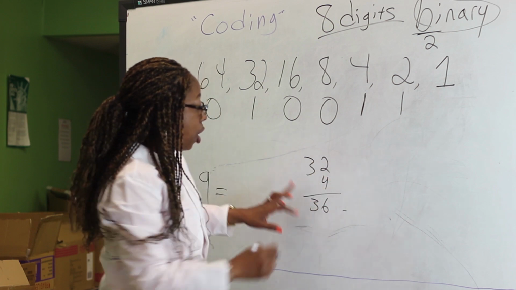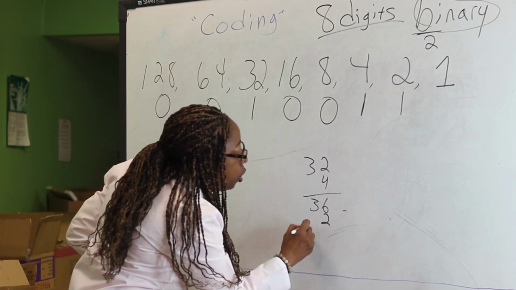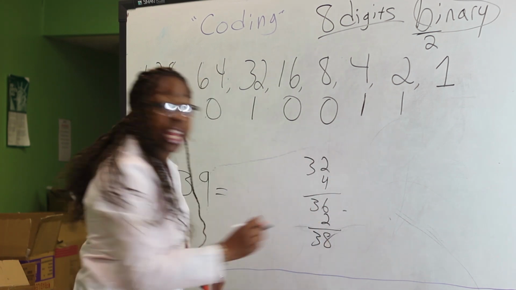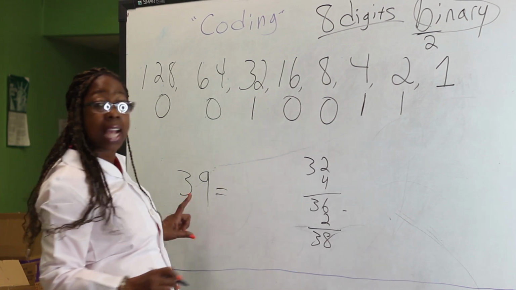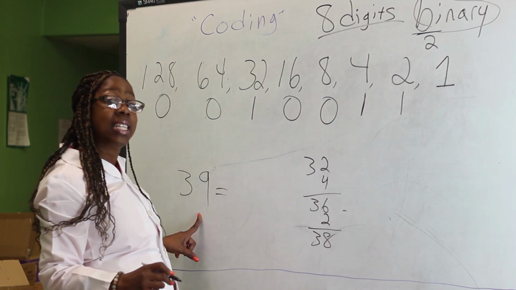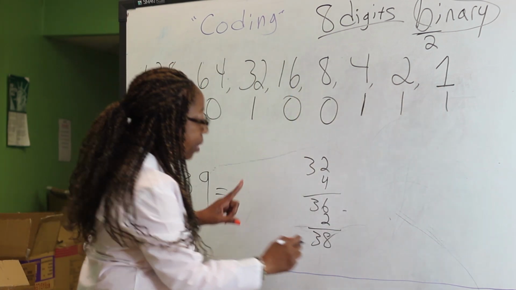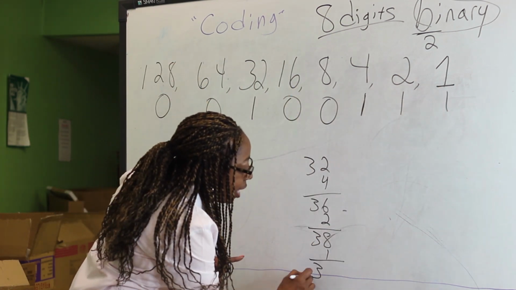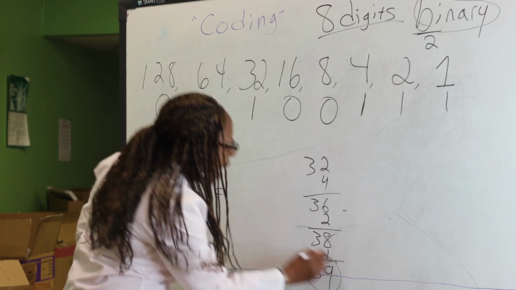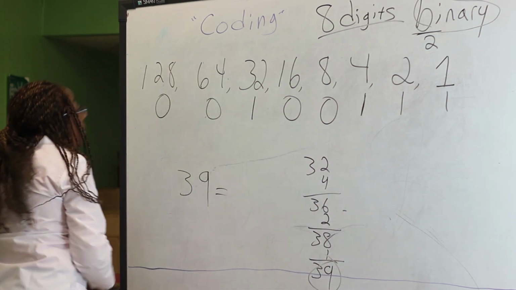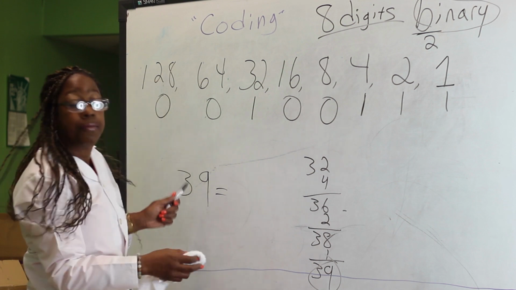Yes. 36 plus the 2 gives us 38. So we still got to get to 39. How much more do we need to get to 39? One more. So we need the 1. So now we got 38 plus 1 is 39. We got our number. So now let's see what the code is for 39.